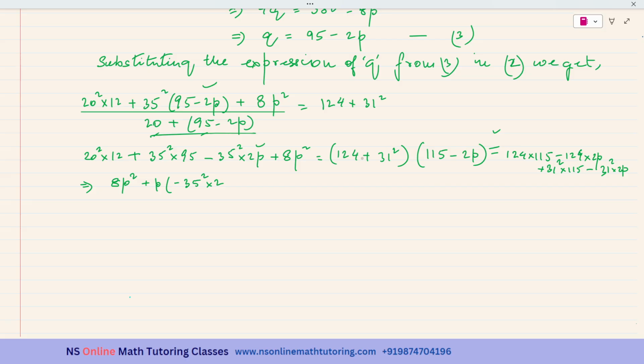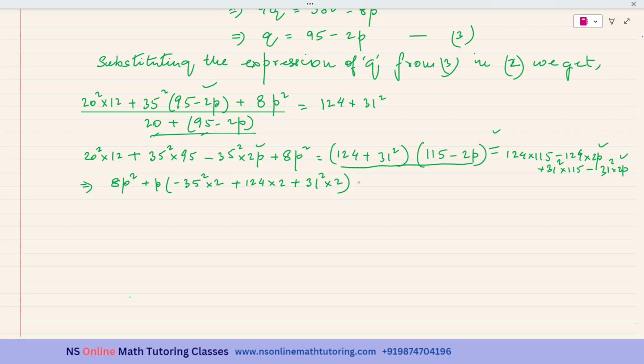Okay, so if you expand this part, you will be getting 4 terms. And 2 of them are having p. So we will be adding 124 times 2p plus 31 squared times 2p to both the sides. So we are having plus 124 times 2 and plus 31 squared times 2. Okay, p is there outside.